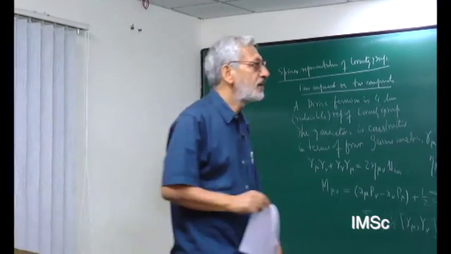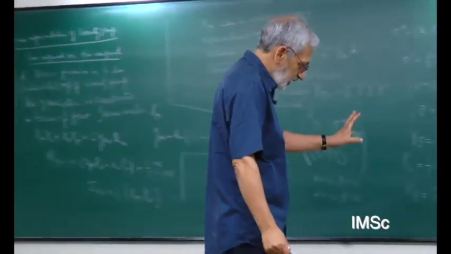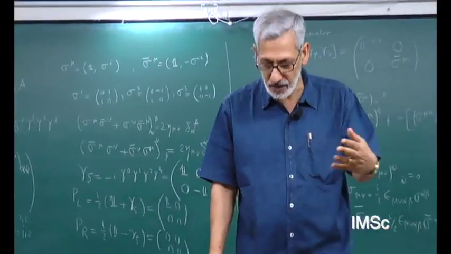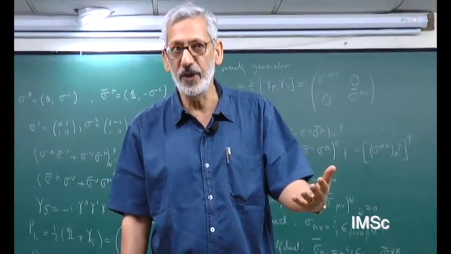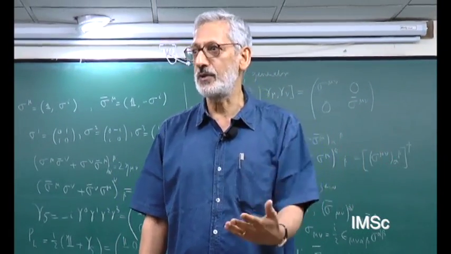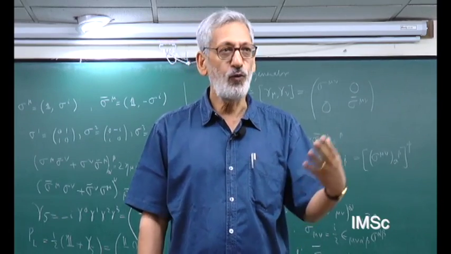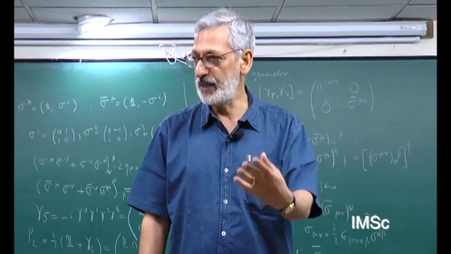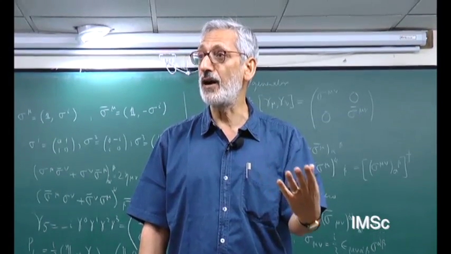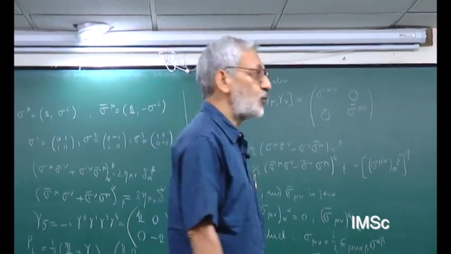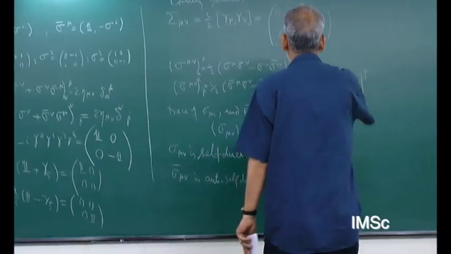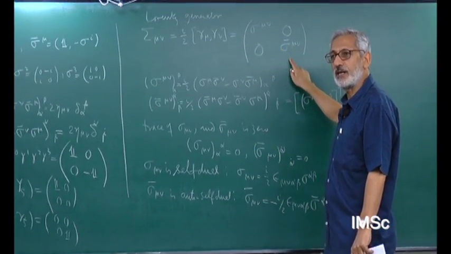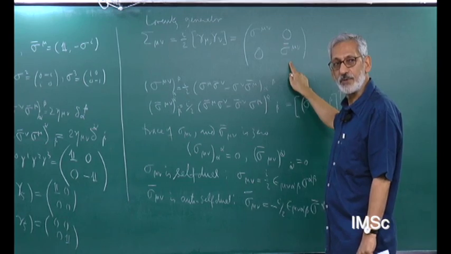So what does it mean? It means that the algebra of the generators of the Lorentz group could be written in terms of two SU(2)s. For the spinor representations, we have explicitly demonstrated what those SU(2)s are, because the two SU(2)s are generated, one by this sigma mu nu, another by this sigma bar mu nu.